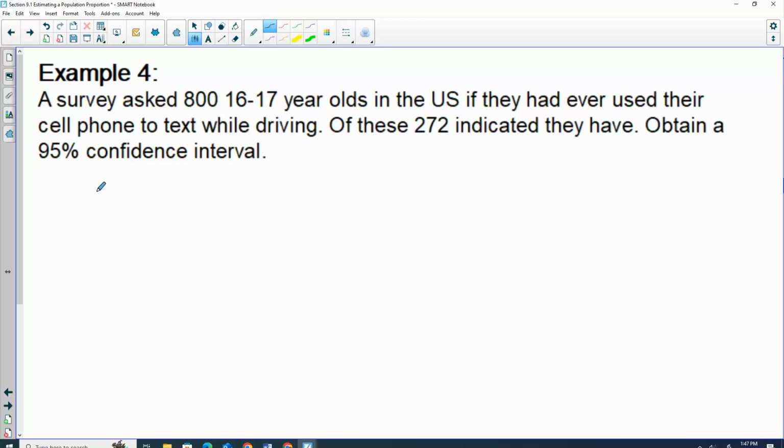Okay, the thing that your calculator can't do is check your criteria. So we need to check n times p times 1 minus p. So we need our p-hat, don't we? So p-hat is x over n. What's my x? 272. N? 800.